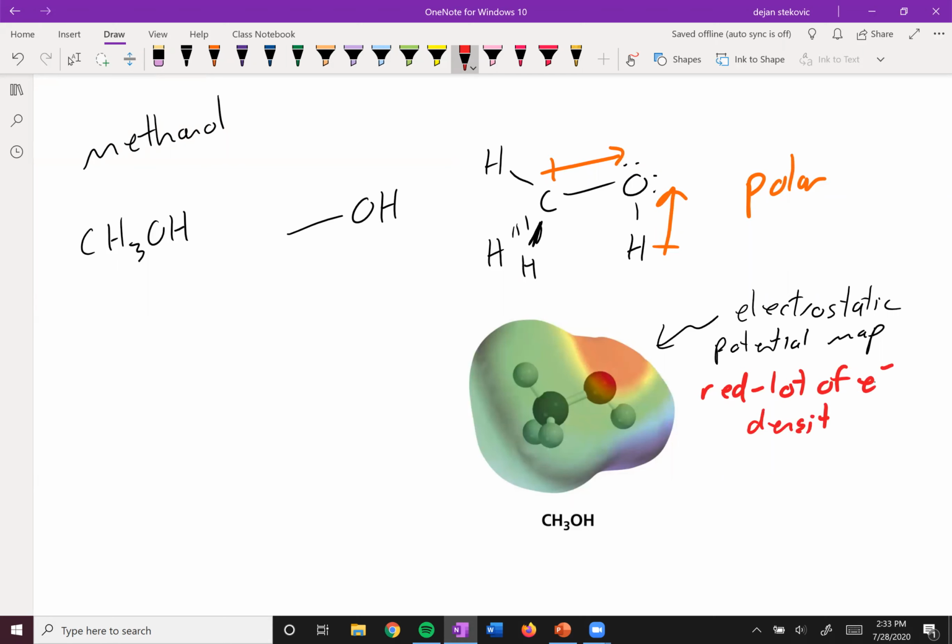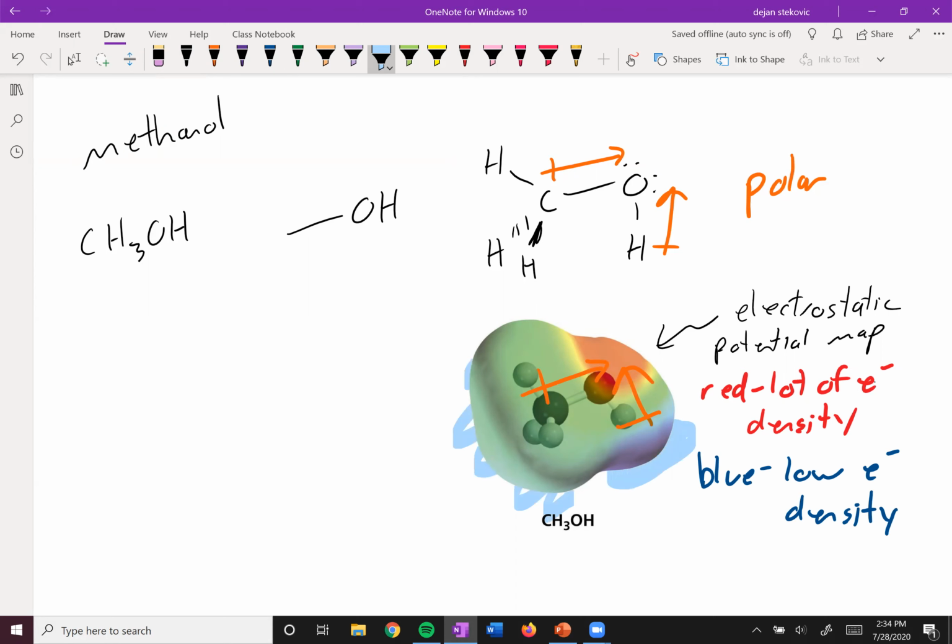So there's a lot of electrons there. The blue represents low electron density. And then the green is somewhere in between. So you can see that this oxygen is pulling all of these electrons from it, right? Resulting in a zone of very low electron density here and kind of less electron density here as well.